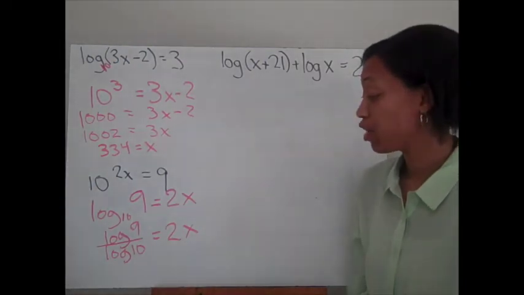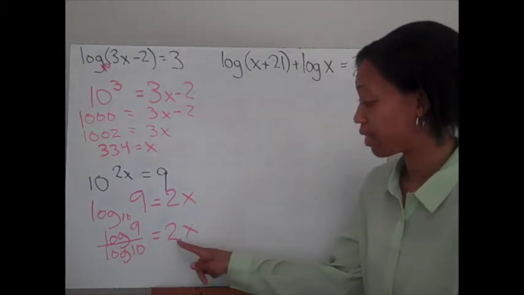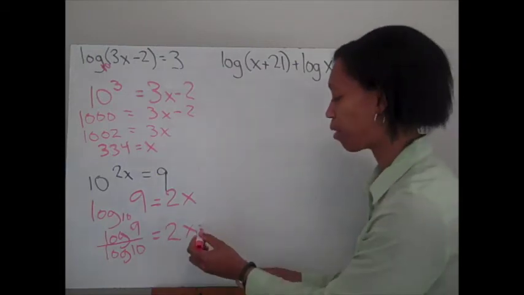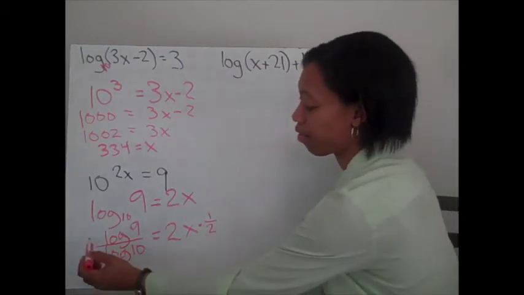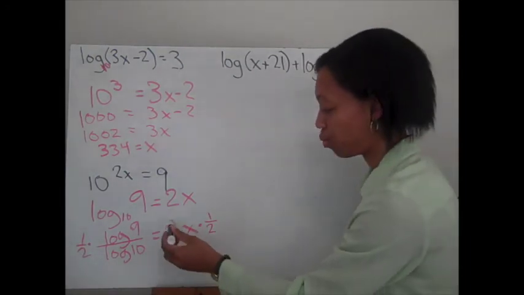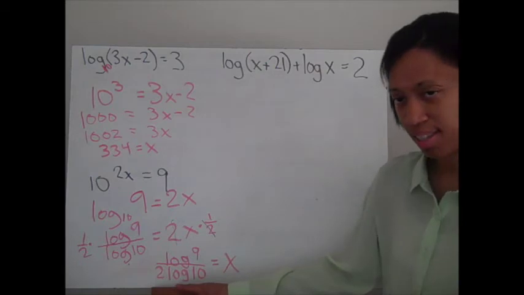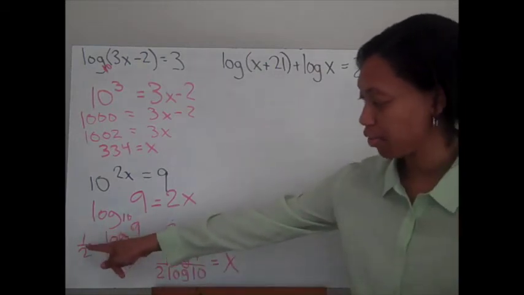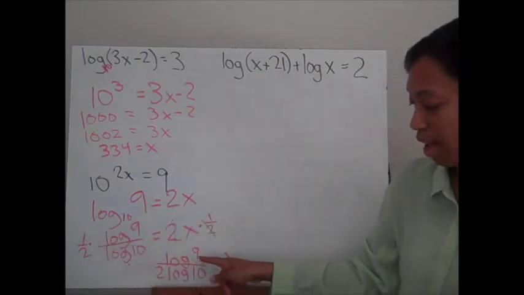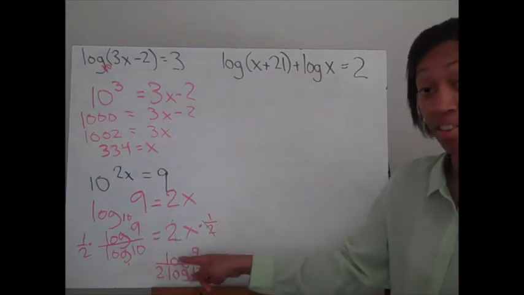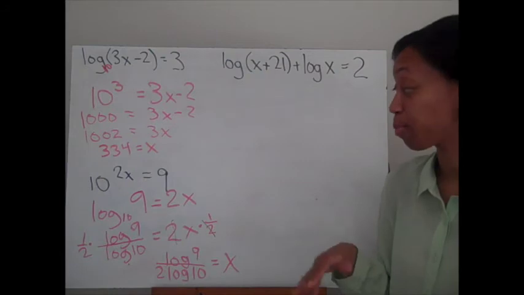Then to get the answer, we can either divide by 2 or multiply by 1/2. I'm going to multiply by 1/2 so that the 1/2 and 2 will cancel. The 2 goes into the denominator. So now I have log 9 over 2 log 10, and I can put that directly in my calculator and get an answer.